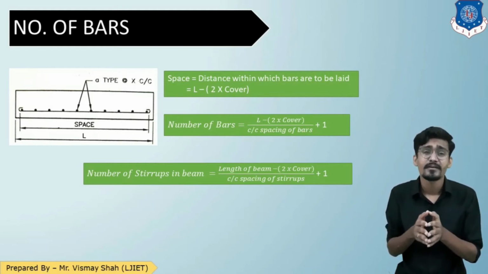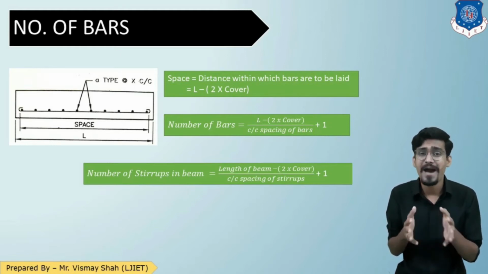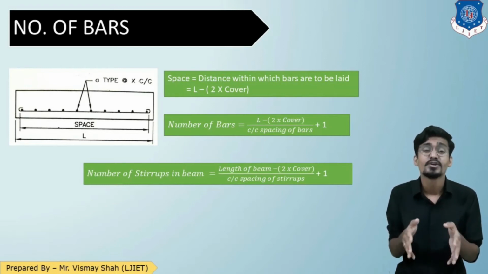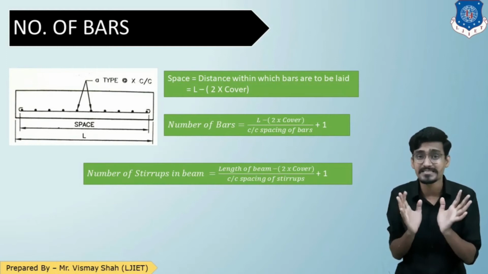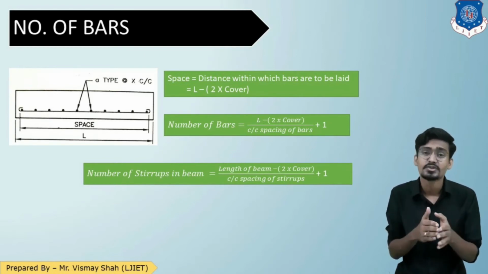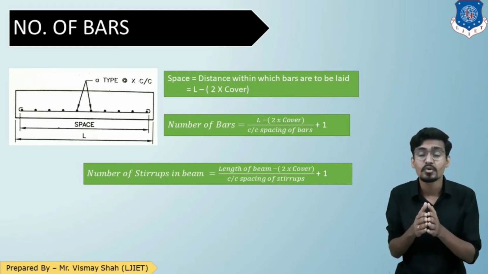First, if the total span where the reinforcement bars are laid out is L, we need to find out the space out of that L. How? That formula is: space equals the distance within which the bars are laid. So if the total length of that area is L, we have to do minus 2 times cover.